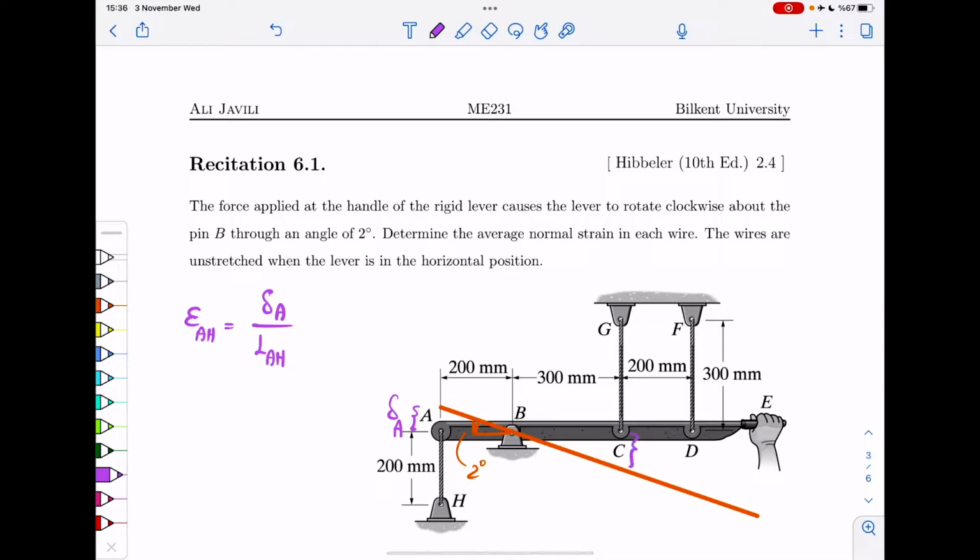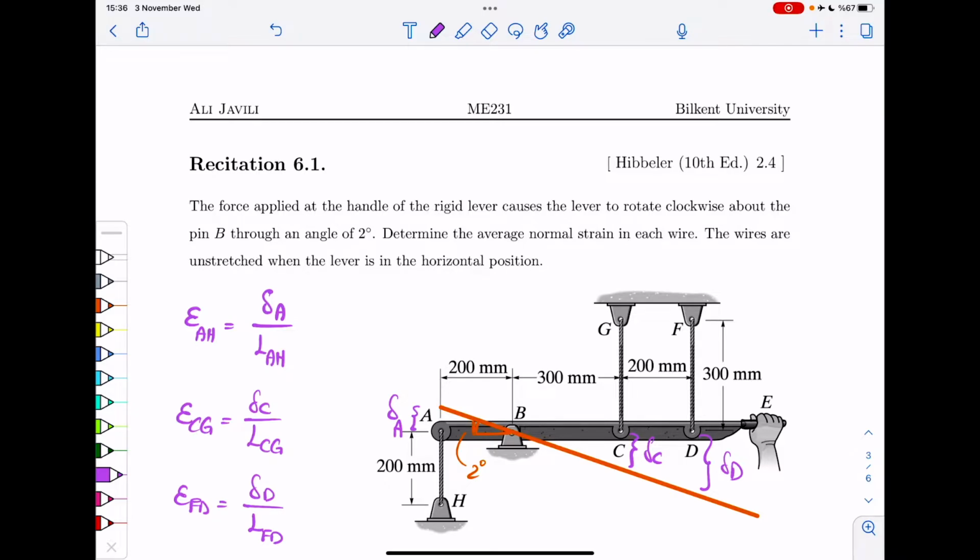We can think of the same thing here and here, so this would be delta D, this would be delta C. Then epsilon in CG would be delta C divided by LCG, and epsilon FD in the last cable on the right-hand side would be delta D divided by LFD.